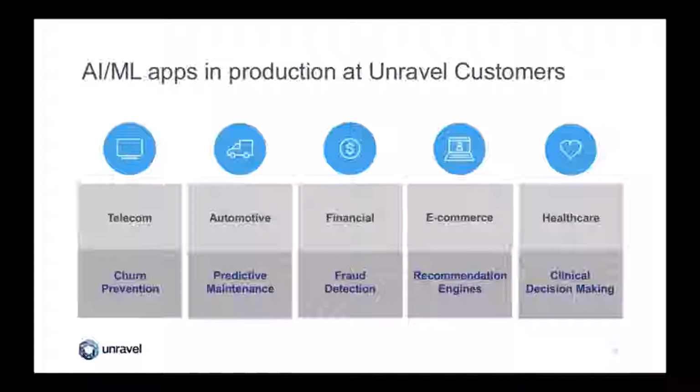And in healthcare, an industry which is very important going forward, AI and ML have powered automated decision making in clinical analysis and clinical trials, diagnosing causes of diseases very quickly.